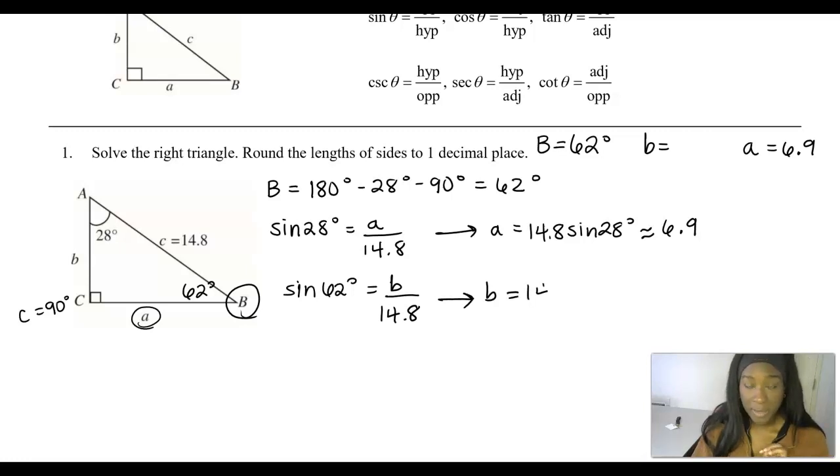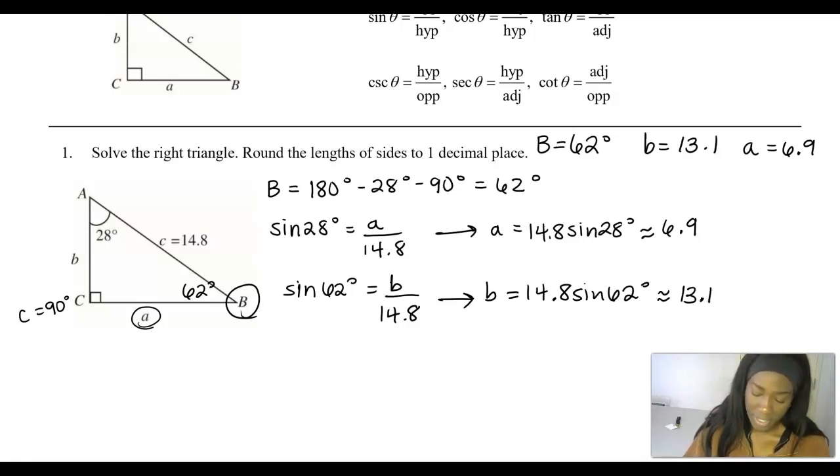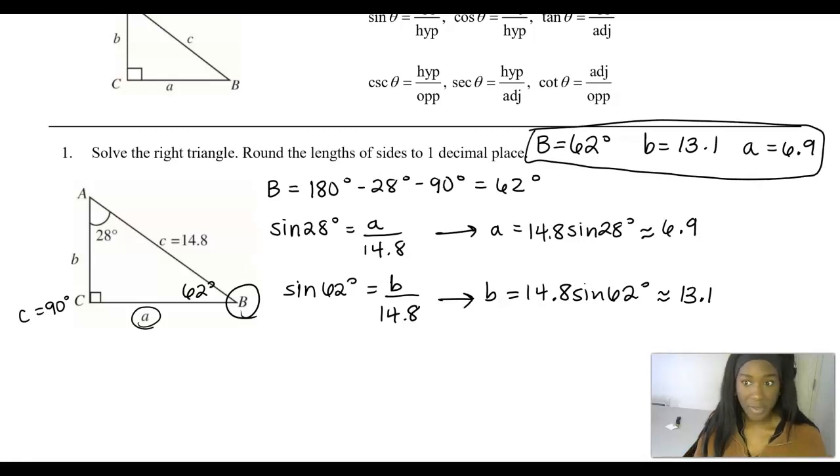Similarly, we're going to multiply both sides of this equation by 14.8 to get rid of that fraction, to get that b is equal to 14.8 sine 62, which is approximately 13.1. And so that solves our triangle by finding all of those missing values.